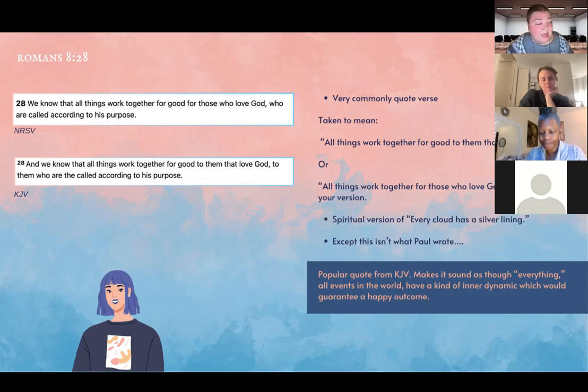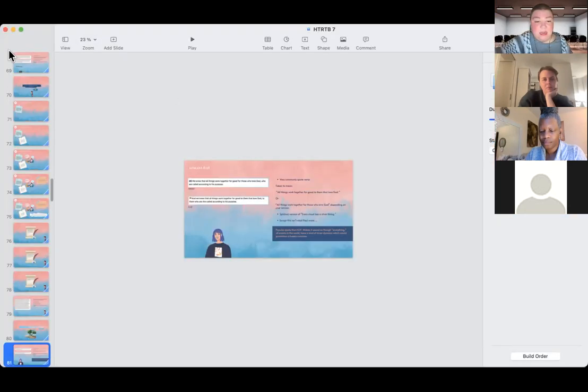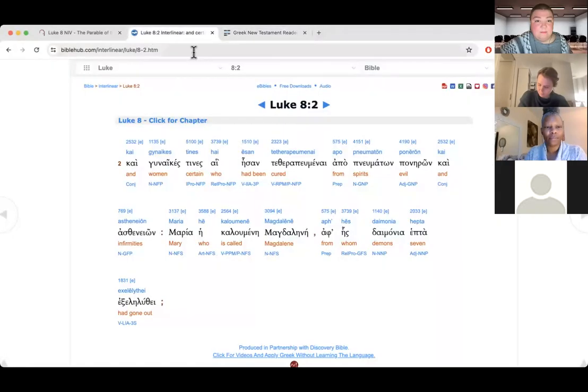We quoted the King James Version earlier, and the KJV translation made it sound as though everything, all events in the world, have a kind of inner dynamic which would guarantee a happy outcome. But let's close this and use one of our tools and pop over to Bible Hub, because we're going to look at the original language.